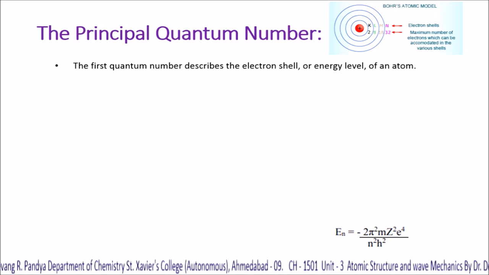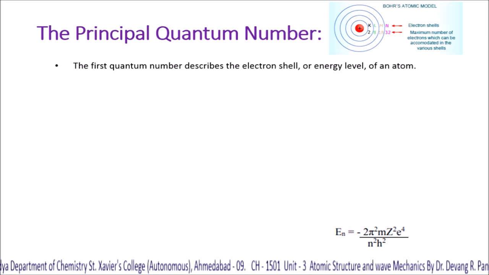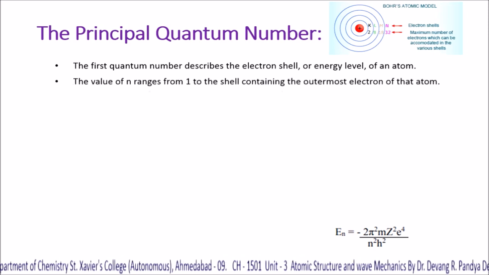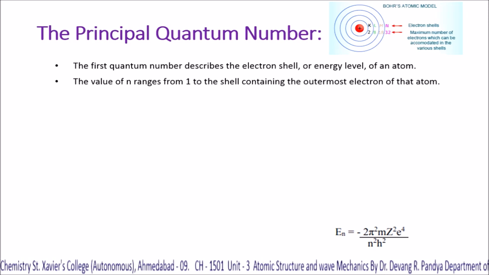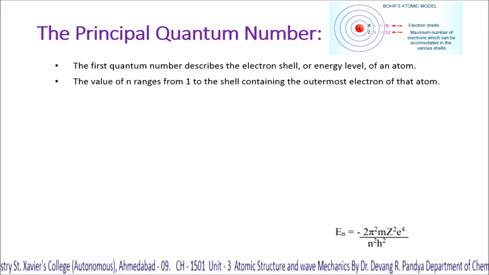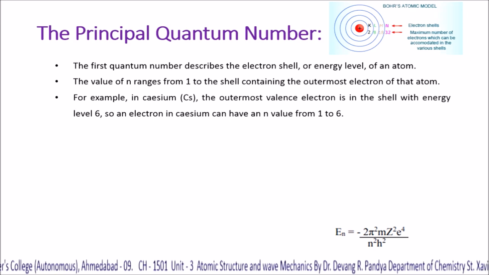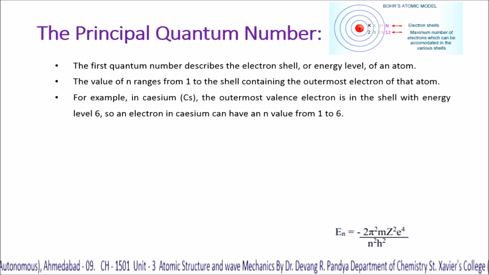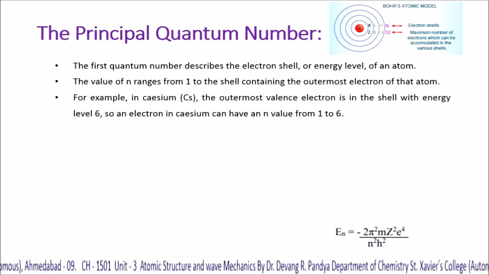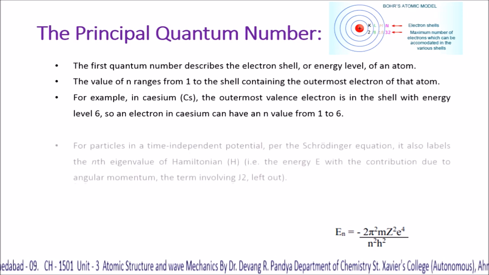The first quantum number describes the electron shell or energy level of an atom. The value of n ranges from 1 to the shell containing the outermost electron of the atom. For example, in cesium, the outermost valence electron is in the shell with energy level 6, so an electron in cesium can have an n value from 1 to 6.